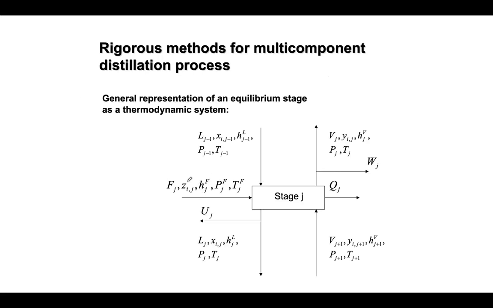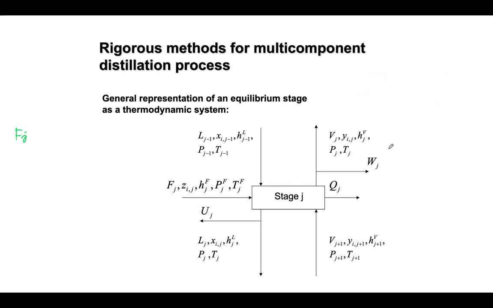For example, the mass balance here: the feed Fj multiplied by the component composition, plus the one that goes inside, Xij multiplied by L, plus Yij plus 1 multiplied by Vj plus 1, and then minus the one that leaves.